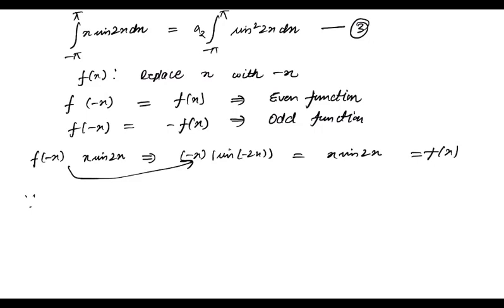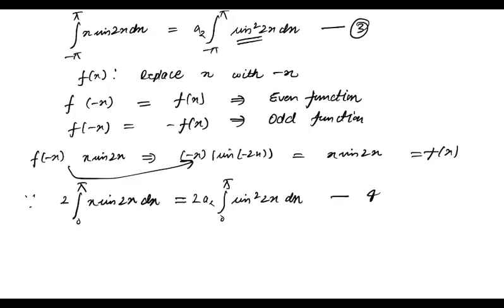So in that case, we can just replace the limits by 0 to pi, with a factor of 2: 2 times integral from 0 to pi of x sine 2x. Similarly, your right hand side is also an even function because there is a square term. So you will be left with this integral to solve. Now you can use a property where cos of 2x can be written as 1 minus 2 sine square x.